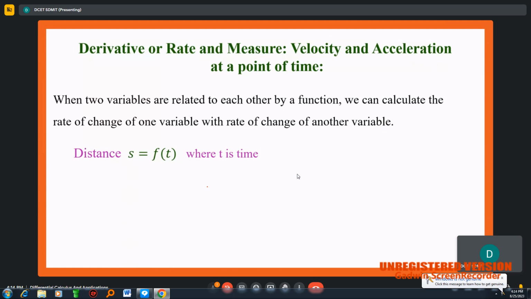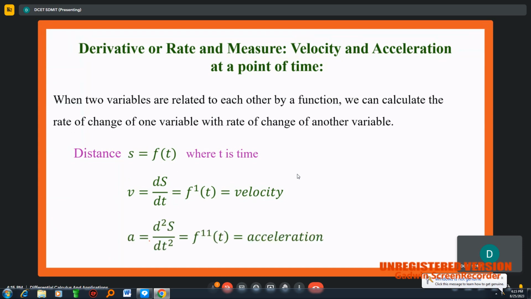What is t? t is the time. Now, differentiation of distance with respect to t, that is ds by dt, is nothing but velocity. Velocity v is equal to ds by dt. Next, differentiation of velocity is the acceleration. That is a is equal to d square s by dt square.